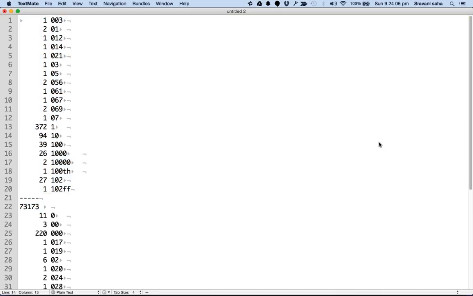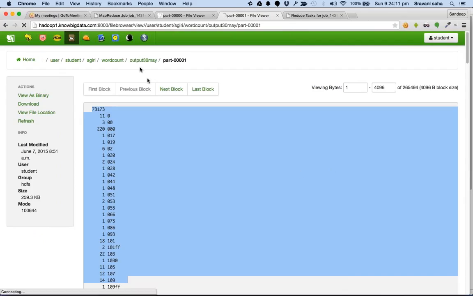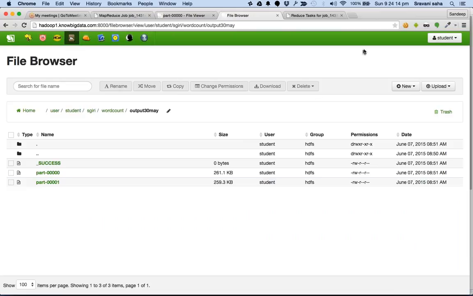Now the other question is about the timestamp of the server. You mean the timestamp on the file when we are running it? This is the creation time. So this is our output folder, and these are part 0, part 1, and then there is a creation date and creation time.